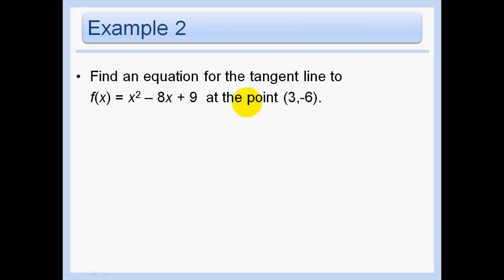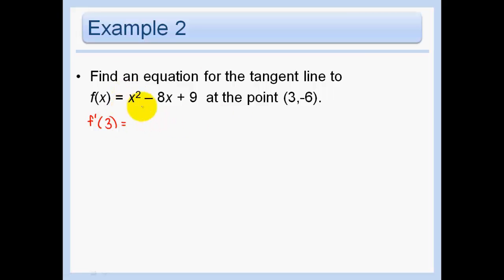So using that, find the equation of the tangent line to this function at the point 3, negative 6. So we need to find f prime of 3 because that's our a. So what is f prime of 3?